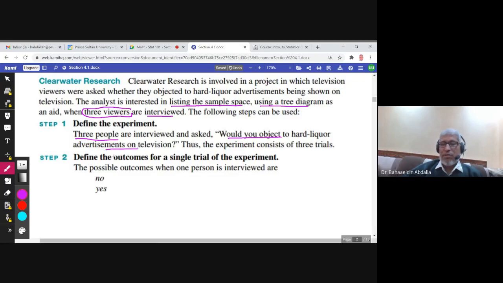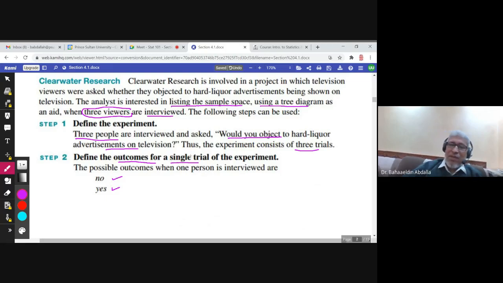Okay, so we will make 3 trials. We will ask 3 people, and when we ask each one of them, this is the second step. You need to determine all the outcomes for a single trial. If you ask one of them the question, he will say either no or yes. So there are 2 possibilities for each trial.